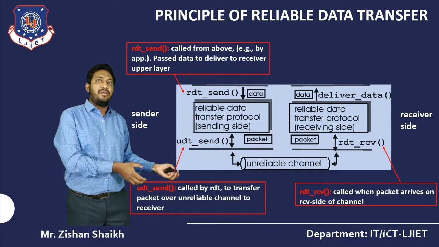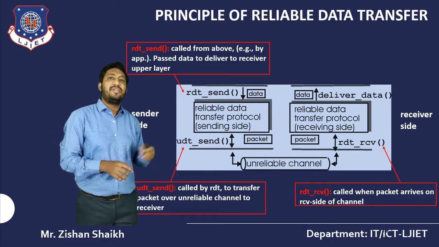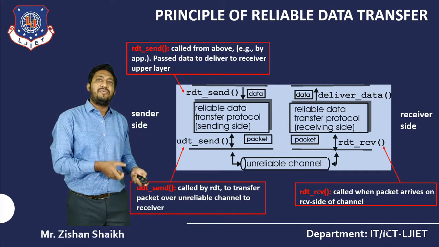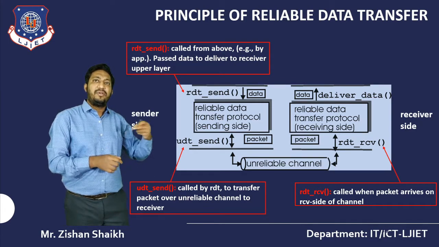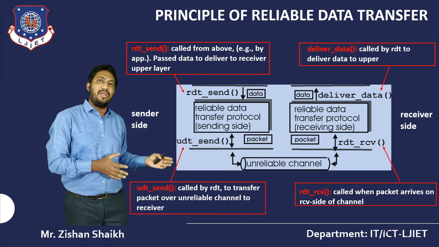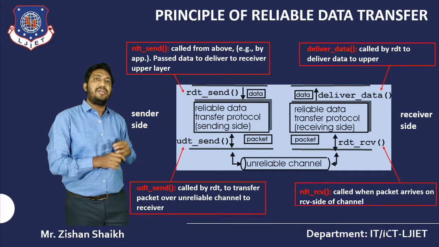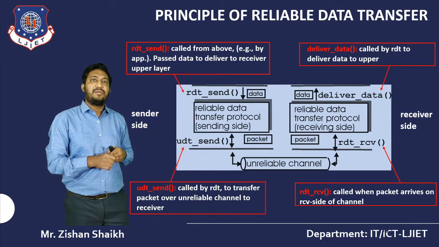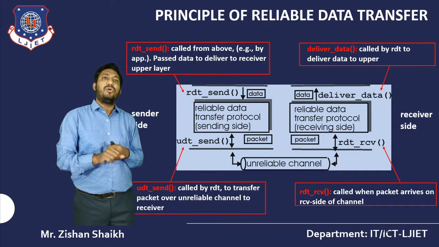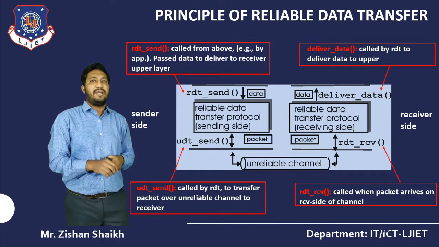First, it takes the data from the channel using the rdt_rcv method. Then that data is processed by our transport layer and sent to the application layer using the deliver_data method. The rdt_rcv method is called when the packet arrives at the receiver side.